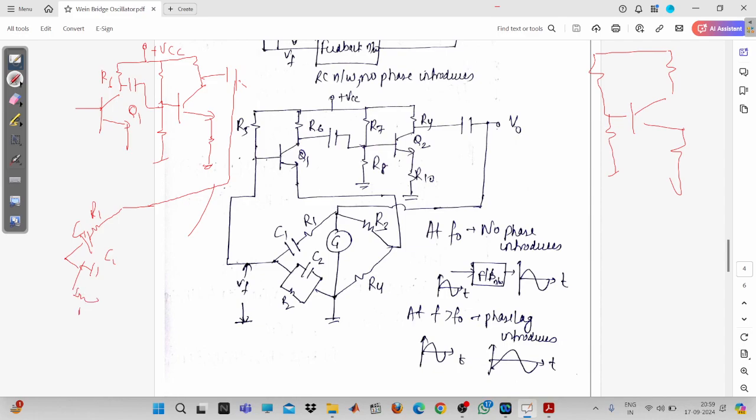This C1 R1 and C2 R2 is a lag lead compensation network. This is the galvanometer, which is going to tell us the null deflection, and this is the third arm. This one is the fourth arm, and this is grounded. Fine. So now I think we have not connected any resistance here.